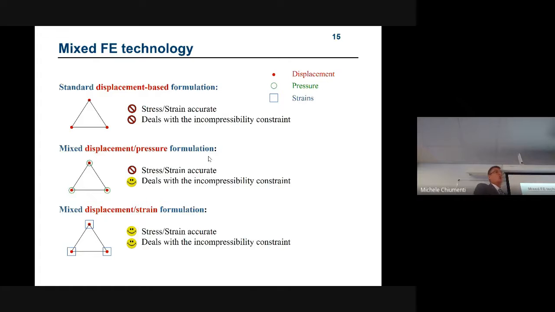Finally, if you want to reach the highest level of accuracy doing cracking, mode 1, typically using damage model, concrete, stones, whatever, you need something else. And the something else is an enhancement through strains at the nodes. So at the nodes, you have displacement, but also strains.